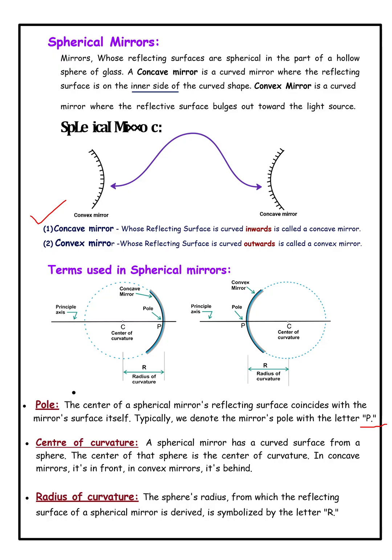A spherical mirror has a curved surface from a sphere. The center of that sphere is the center of curvature. That means in a concave mirror it is in front, and in a convex mirror it is behind. Likewise, we have the radius of curvature, which is the radius of the sphere from which the reflecting surface of the spherical mirror is derived, and we symbolize it by the letter R.